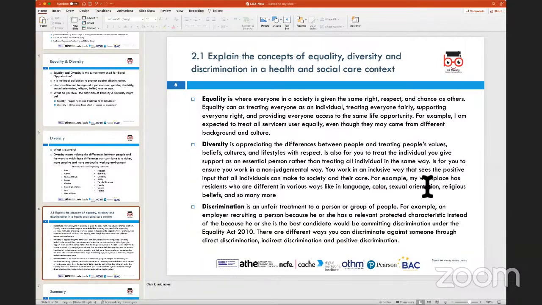Now, when we talk about discrimination, it is basically unfair treatment to a person or a group of people. That is the basic definition. A simple example of discrimination in the UK, just outside the health and social care sector, would be if a business advertises that they are looking to hire a receptionist and mentions in the job advert that female candidates only should apply.